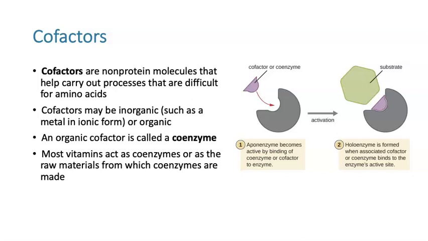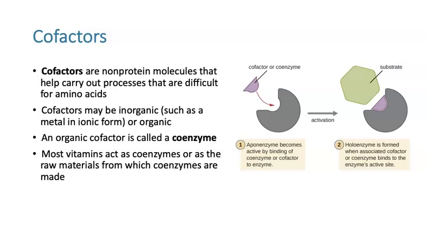Cofactors are non-protein molecules that help enzymes carry out processes that are difficult. So cofactors can be inorganic, such as metal ions, or they can also be organic. If it's organic, we give it a different name. If it's organic, we call it a coenzyme. So cofactor is a general term for a non-protein molecule that helps the enzyme and can be inorganic or organic.